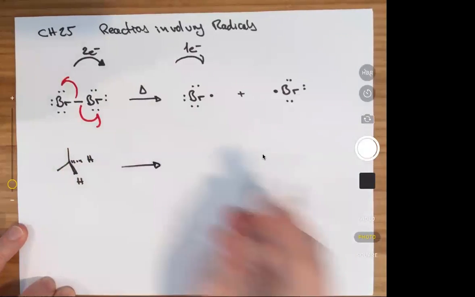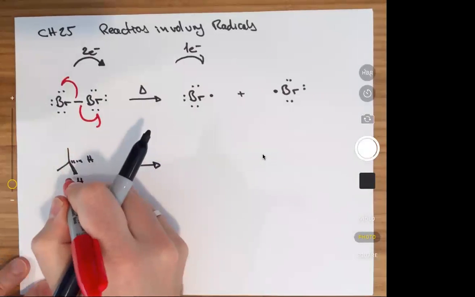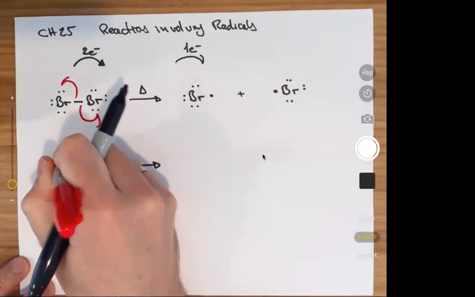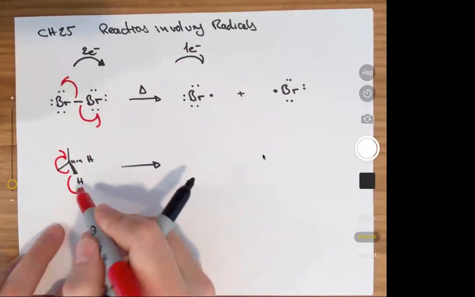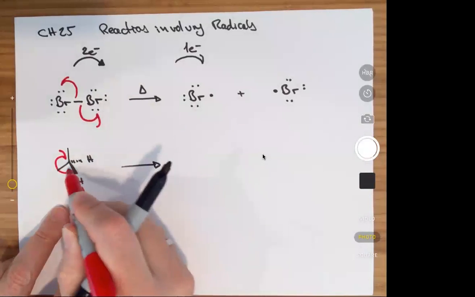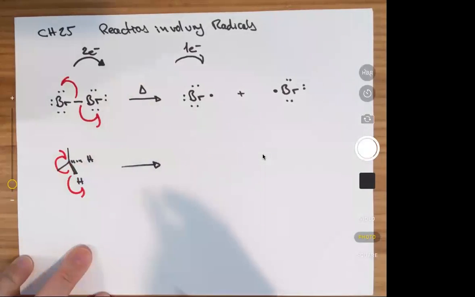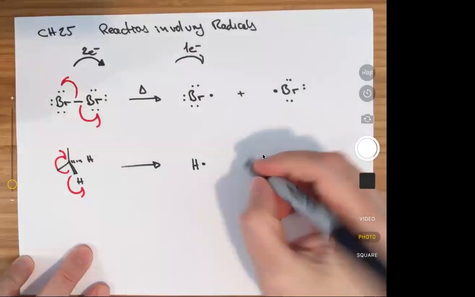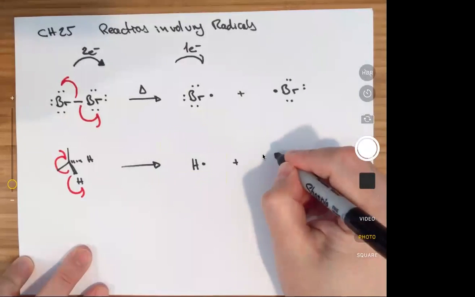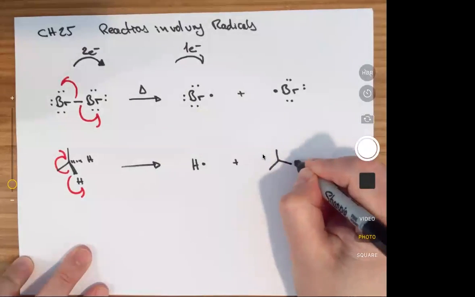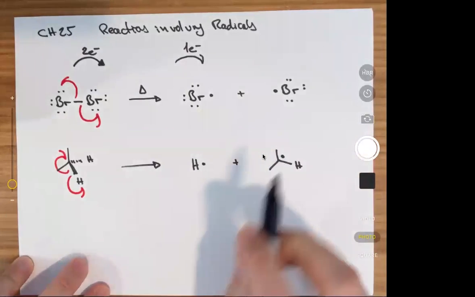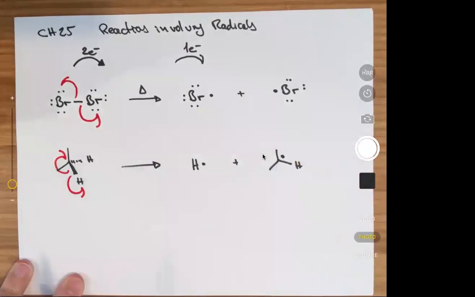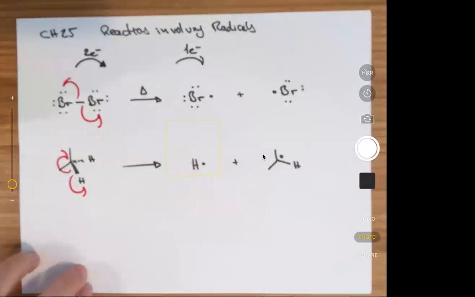I'm not going to talk about the details now of how you can induce this, but formally you can also draw these radical arrows, where one of the electrons of this bond moves away with the hydrogen and the other remains attached to the carbon atom. That leaves you with a hydrogen atom, which is a free radical, plus a carbon-centered radical. The one electron that was in this carbon-hydrogen bond remains with this carbon atom.